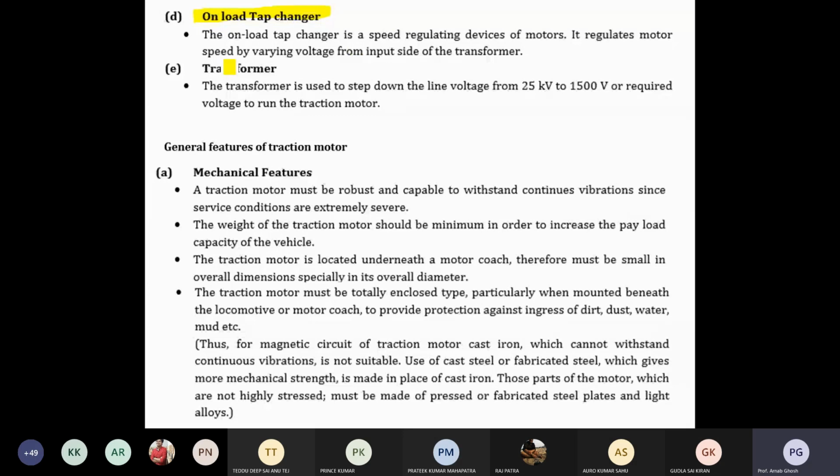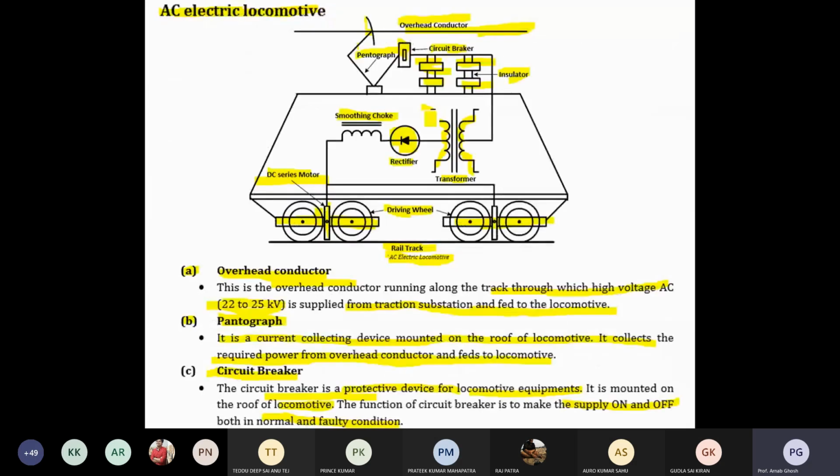If the tap changer is in the primary of this circuit, it is on one winding, and another winding will also be there. If it behaves like an auto transformer, then definitely one tap changer is common. You know that in an auto transformer the primary and secondary windings are common. So on the secondary side one tap changer is there, like a variac, so it can slide over that winding.